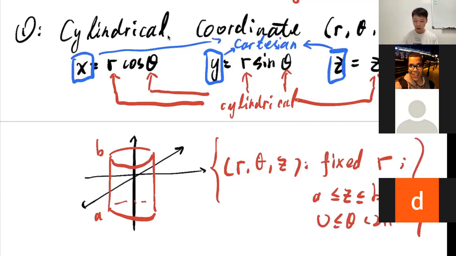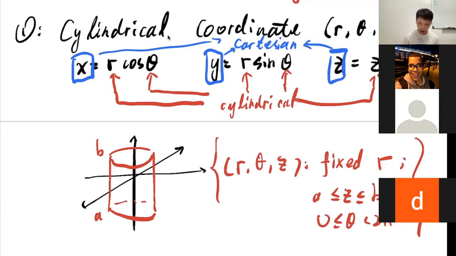So that's one of the advantages of using cylindrical coordinates: when you encounter a scenario where your z coordinate is kind of independent of x and y, and your x and y is better represented by a polar coordinate system, right?